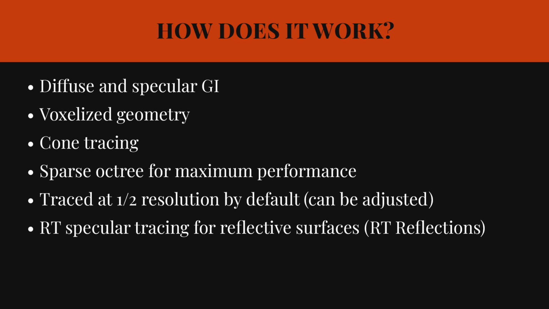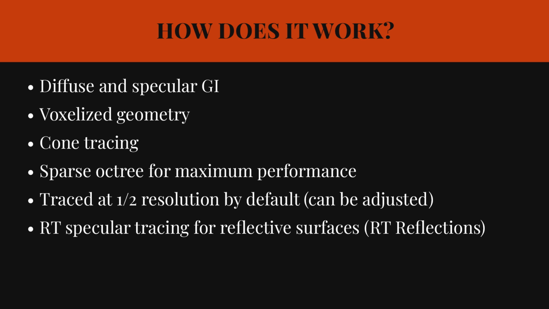On most content, this is visually indistinguishable from full resolution tracing, but it roughly halves the GI workload. And if a project specifically needs full resolution GI, maybe a slower paced game where every reflection needs to be razor sharp, that resolution scale is exposed and adjustable in the plugin settings.